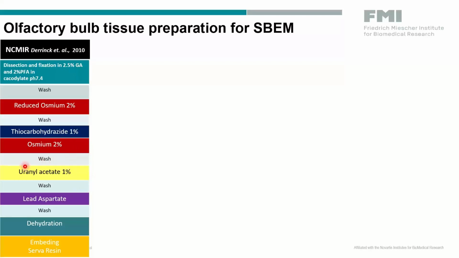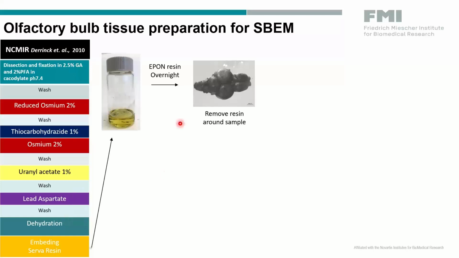In addition, we have a step of uranyl acetate, and finally, a final layer of lead aspartate makes the sample even more conductive. After dehydration, the sample is placed into resin, and this is how the fish brain looks after being prepared with this protocol.